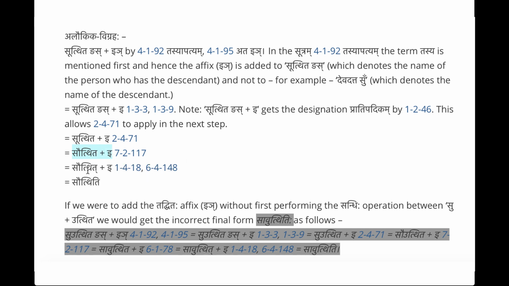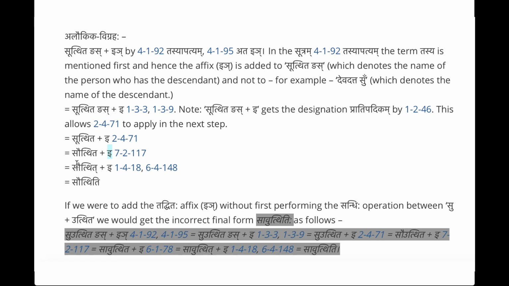Now the base Sauthita gets the designation Bha by 1.4.18 Yachibham, because the affix E is a Swadi affix. Remember, the Swadi affixes include all the affixes down from 4.1.2 Swau, Jas, Out, etc., all the way down to the end of the 5th chapter of the Ashtadhyayi. So all the Tadhita affixes are Swadi affixes.